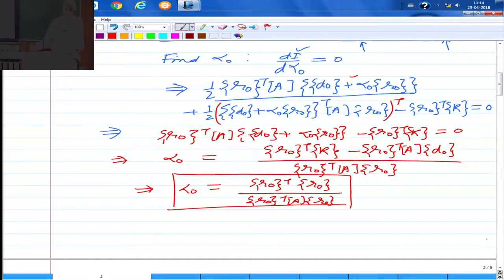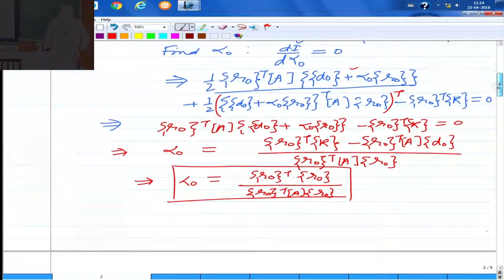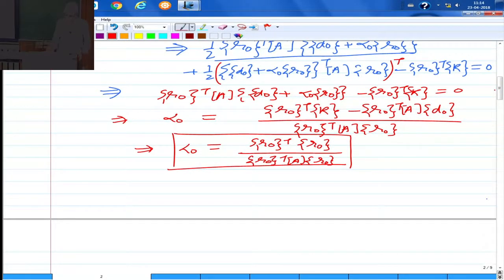So for large size systems, inversion of a matrix becomes computationally more involved, whereas this would be less involved, n square. If you do 1,000 square and 1,000 cube, it is going to be that many times the difference in the number of floating point operations, and therefore computational time. So this is the first step. We get this alpha naught from this expression, and then get the new solution.